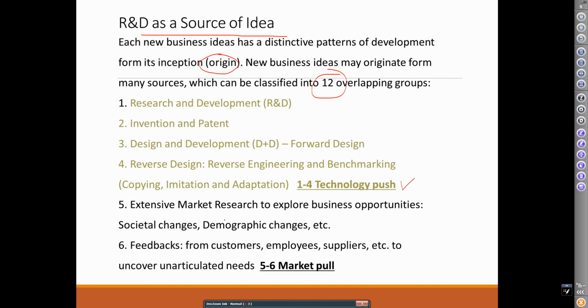And you can also find here other overlapping groups of research and development as a source of idea. For example, extensive market research to explore business opportunities, more focused on marketing opportunities, and feedback from customers. If companies recognize research and development in these areas, it means these companies use the market pull strategy.